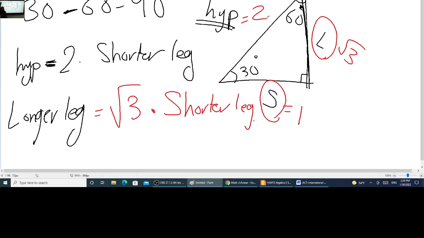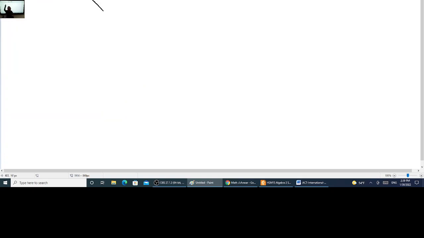So the summary of this video: if we have two triangles, one of them with 45, 45, 90 angles, then the proportion here is 1, 1, square root of 2, and multiples of these numbers.